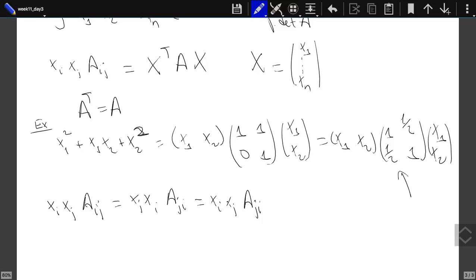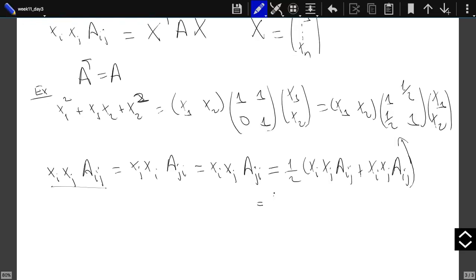Now I just exchanged the positions of x_i x_j in the second step. But this just means that I can write this term over here as 1 over 2 of x_i x_j A_ij plus x_i x_j A_ij.